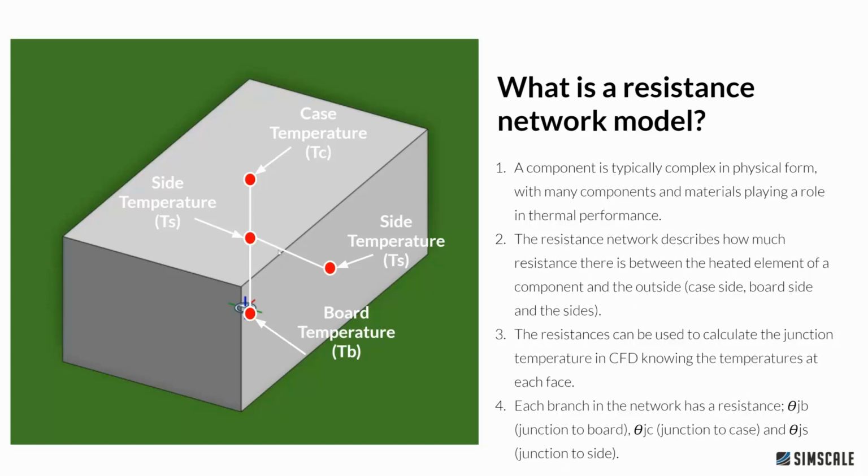And it's going to use these resistances to find out what this junction temperature is. That was labeled wrong, so that should be junction temperature there. So this arbitrary point in the middle of the component is the junction temperature, and that is what we would use to gauge whether this component had failed. And we would get that maximum temperature that it can go up to from some sort of manufacturer data.